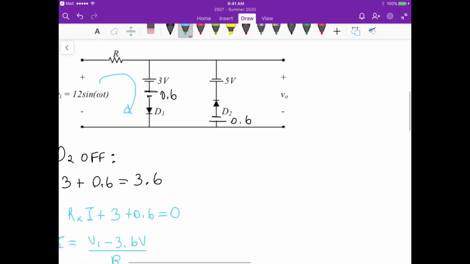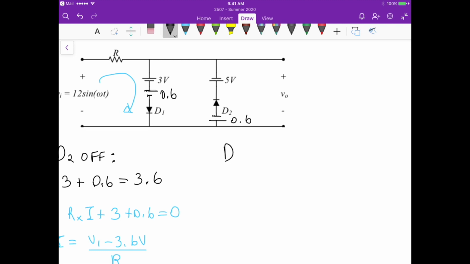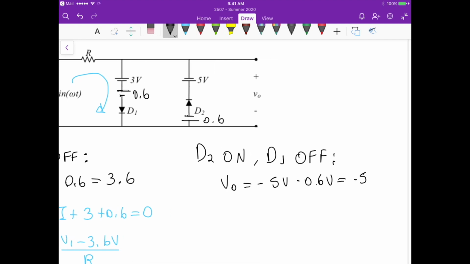Now for the second condition, let's say we have D2 on and D1 off. In this case, the voltage that we are measuring is V out equals minus 5 volts minus 0.6 volts, which is the same as minus 5.6 volts. Now we would have a current flowing in this direction here.